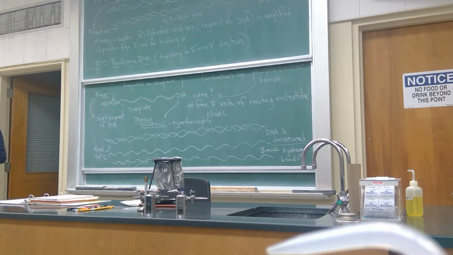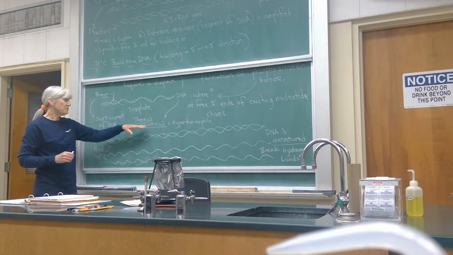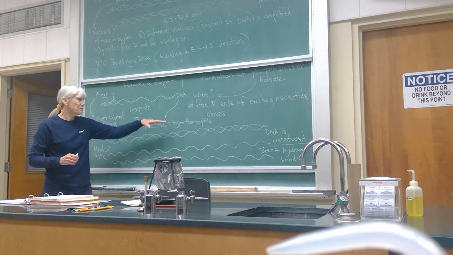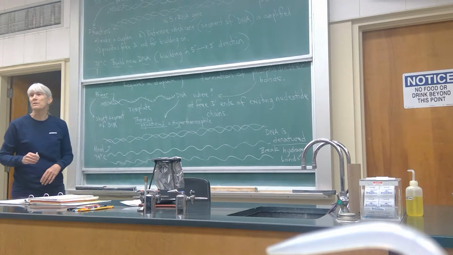This was found in the hot springs of Yellowstone National Park. And supposedly Kary Mullis, who's mentioned at the beginning of this exercise as the person credited with developing the polymerase chain reaction as it's typically used today, didn't actually invent the idea of it, but he did get an enzyme that would allow this process to happen in vitro very efficiently. So he found this Thermus aquaticus bacteria, hyperthermophile, living in Yellowstone National Park.